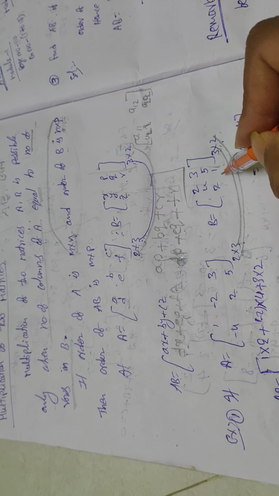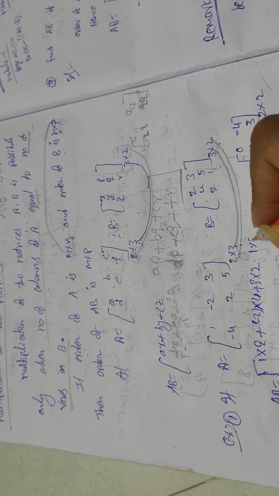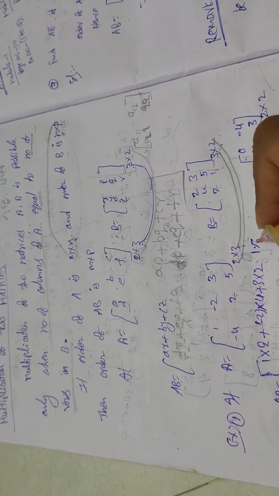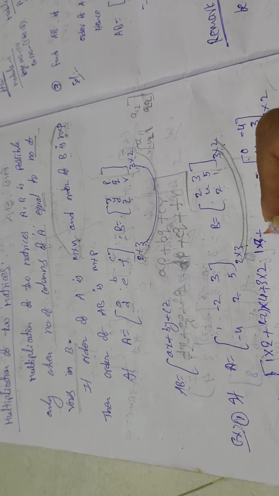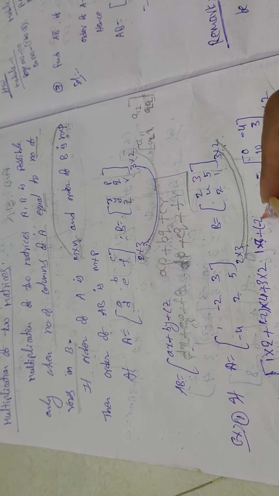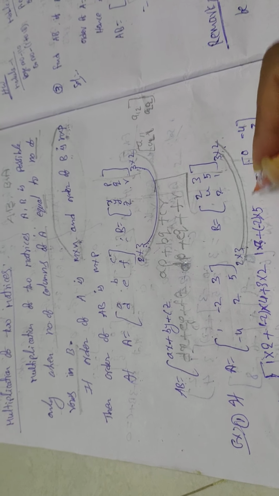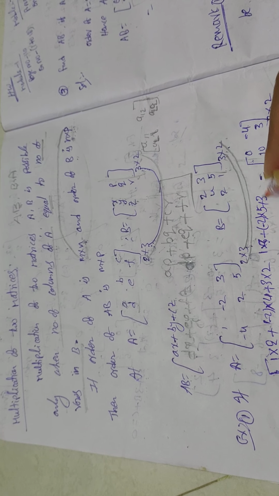First row to second column. 1 into 3 plus minus 2 into 5 plus 3 into 1.